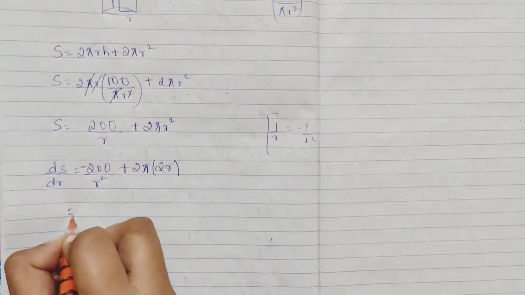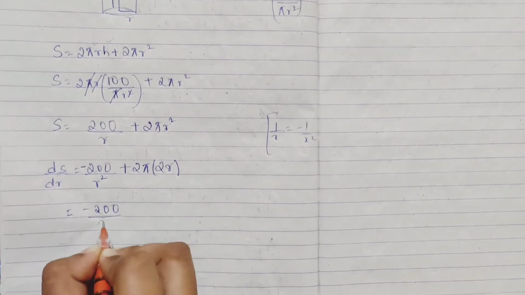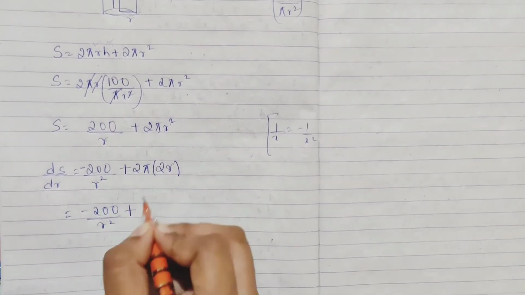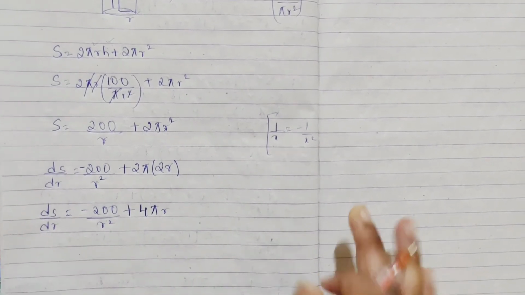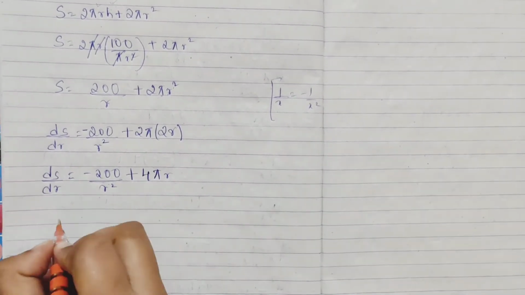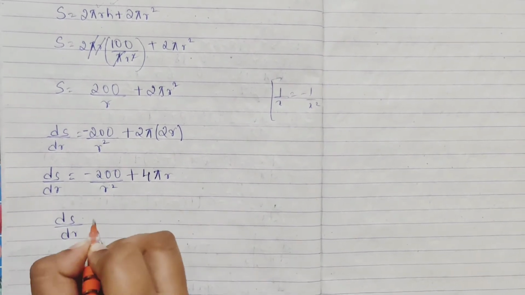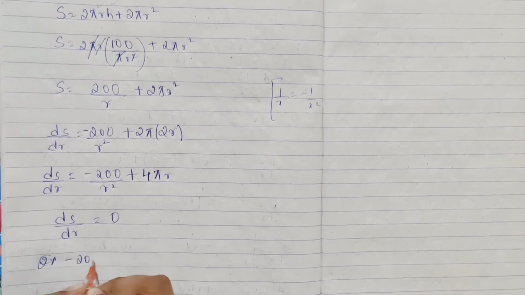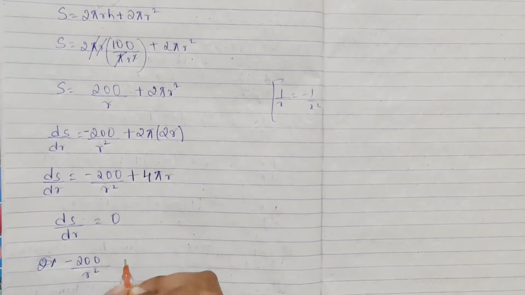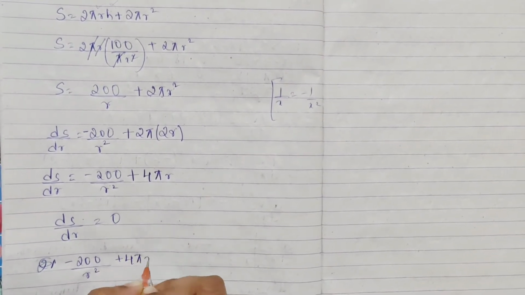So what you get is minus 200 by r square plus 4 pi r. So you have got your dS by dr. Now equating it to 0, dS by dr is equal to 0: minus 200 by r square plus 4 pi r equal to 0.